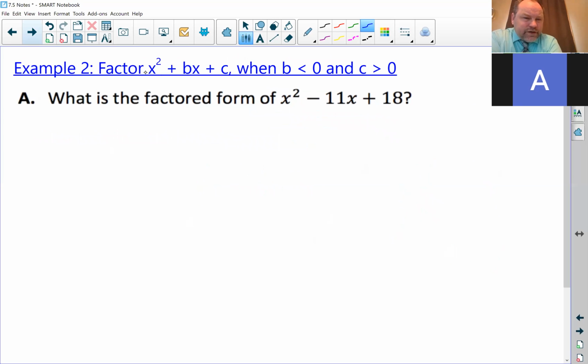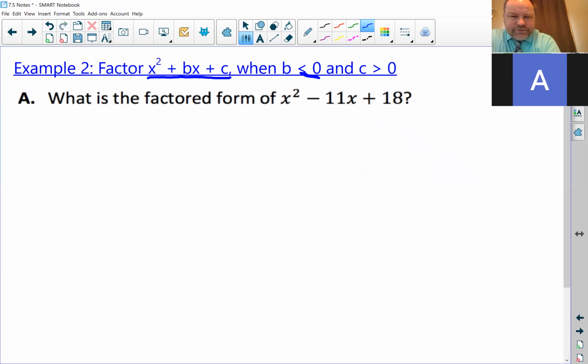So we talk about kind of the general form of x squared plus bx plus c. And we looked at when b and c are both positive in that last example. Here, we're going to have b negative and c positive.